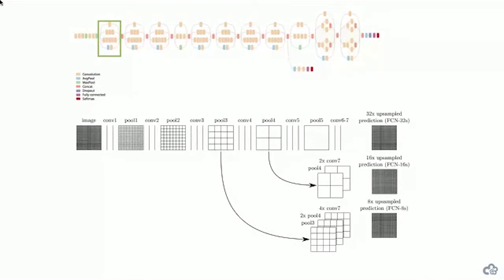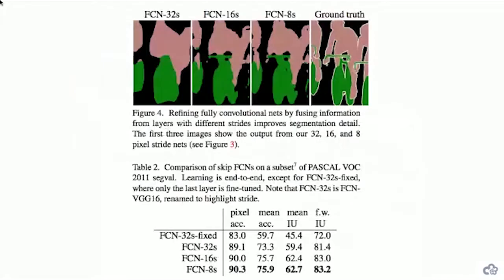Because the models tend to pool and shrink the layers in each step, you're actually pulling out information from different scales at different times. So you don't necessarily want to reach into just one layer to pull out information, but you can do it from multiple layers at once. And the results are super, super cool.